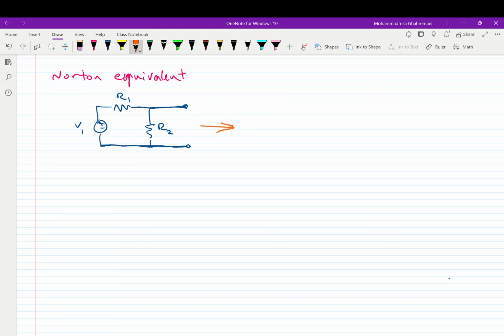In our previous DC circuit class, we learned that if we have a circuit like this, we can find the VThevenin by solving the circuit. We find the VThevenin and then we say I Norton is equal to VThevenin over Z Thevenin or Z Norton. That's fine.